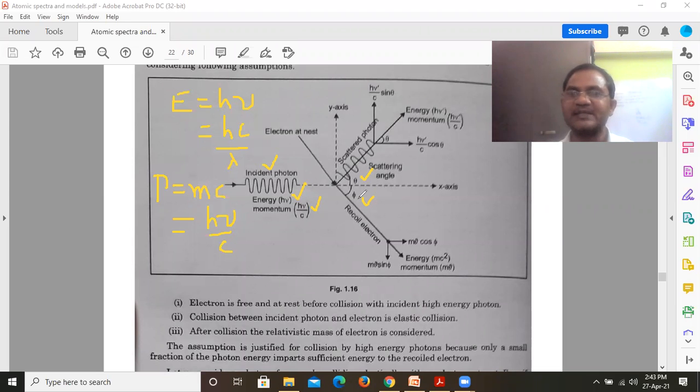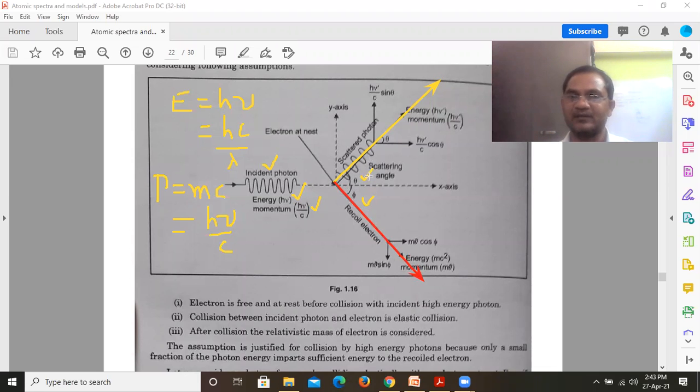Phi is called the recoil angle. So this is the direction of the scattered photon. Now, the direction of the recoil electron: the recoil electron is moving along this red line at an angle phi with the x-axis.